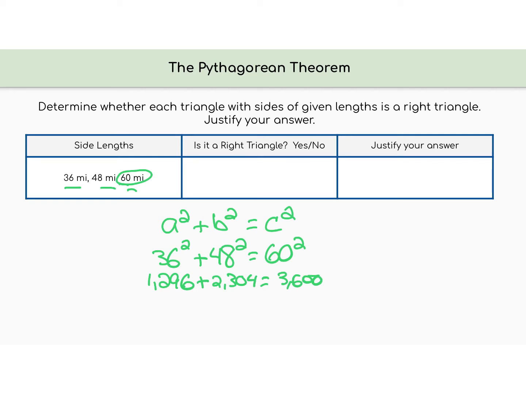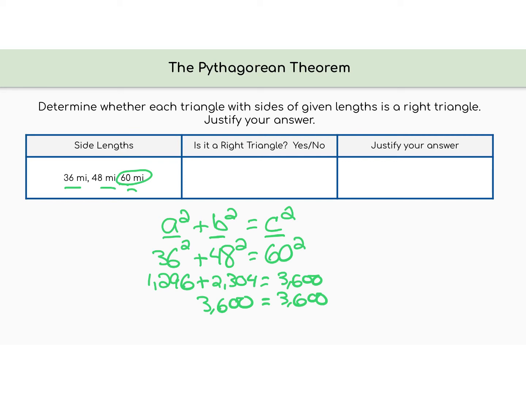So now, let's continue to simplify: 1,296 plus 2,304 equals exactly 3,600, which is equal to our hypotenuse squared of 3,600. So a squared plus b squared is equal to c squared.